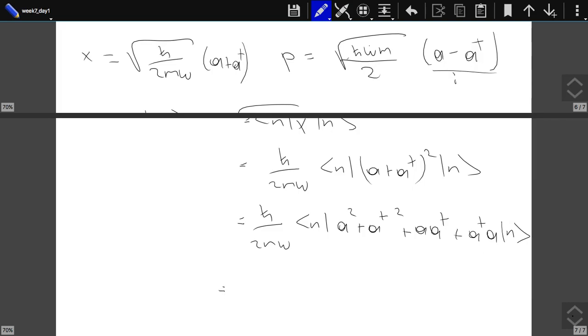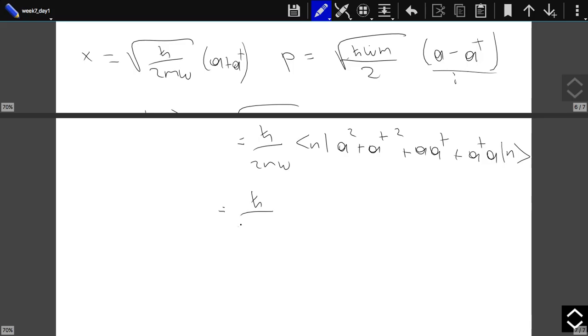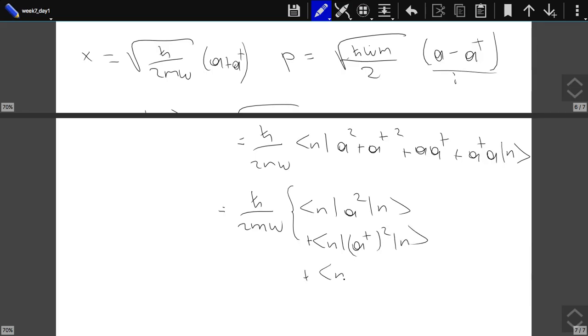Now let's see. Let me just write it once more: ħ/2mω times ⟨n|a²|n⟩ + ⟨n|a†²|n⟩ + ⟨n|a a†|n⟩ + ⟨n|a† a|n⟩.